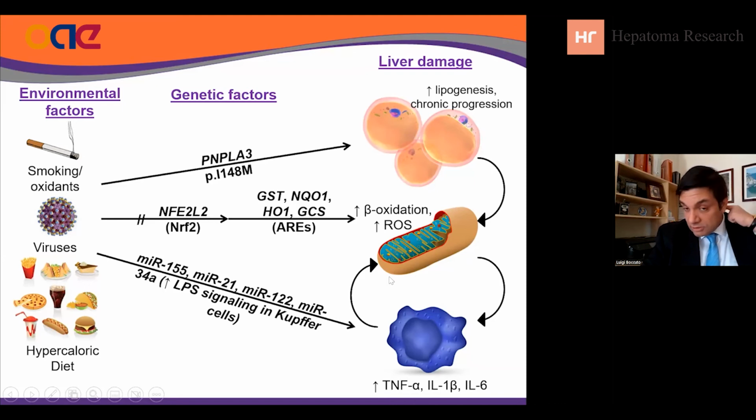So they promote the oxidation at the mitochondrial level. And we have, of course, genes and epigenetic factors, as the microRNA examples listed here, that interact with the immune system. So interact with the Kupffer cells in the liver, but also with leukocytes at the systemic level.